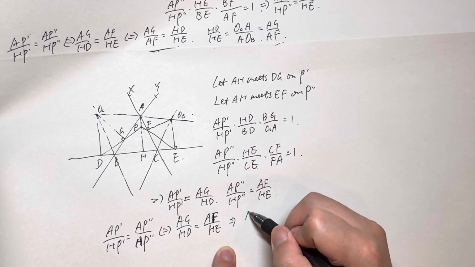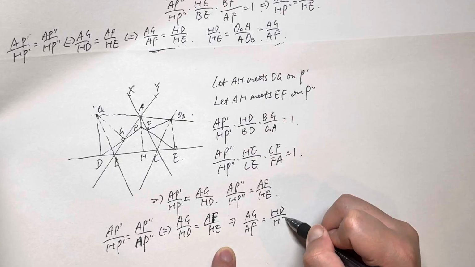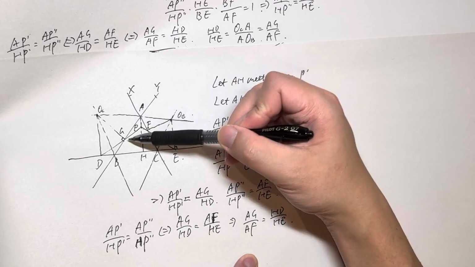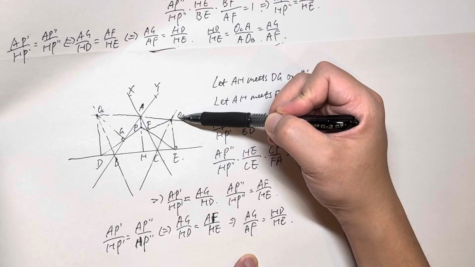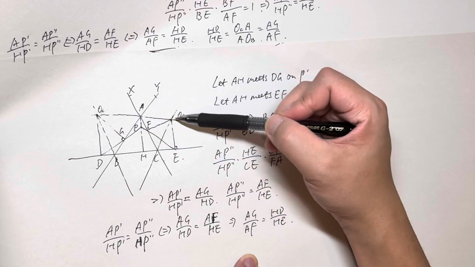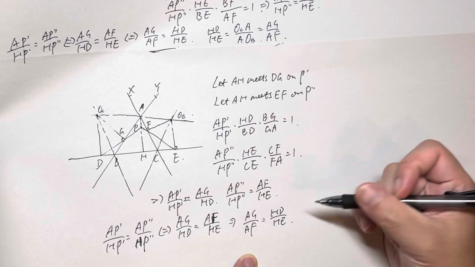Which means we need to prove that AG to AF equals HD to HE. And we already know that AG to AF equals OCA to AOB, and OCA to AOB equals DH to HE. Then we prove this one.